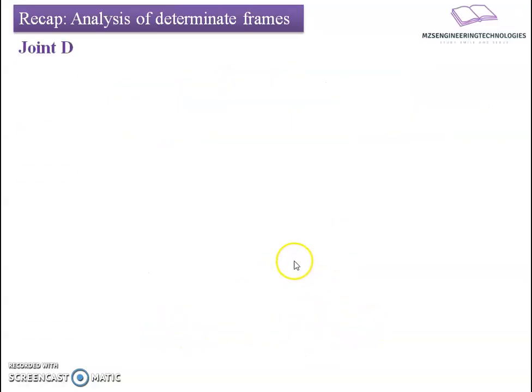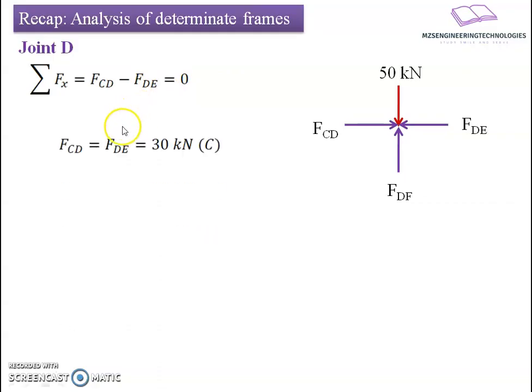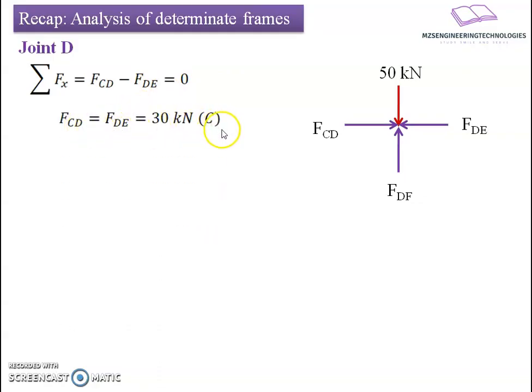Now I will move towards joint D. In case of joint D, I will have the free body diagram like this. Applied force is 50 kilonewton, and unknown forces are Fcd, Fdf, Fde. From previous analysis, we have got the value of Fcd, so only two unknown forces are there. If I apply summation of Fx, I get Fcd minus Fde equals 0, which I can write as Fcd equals Fde, which equals 30 kilonewton in compression.